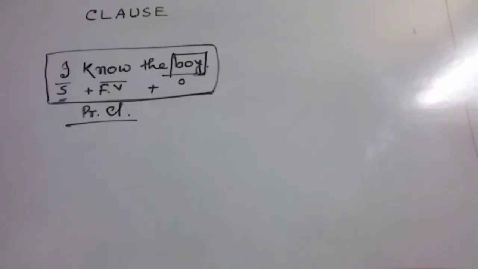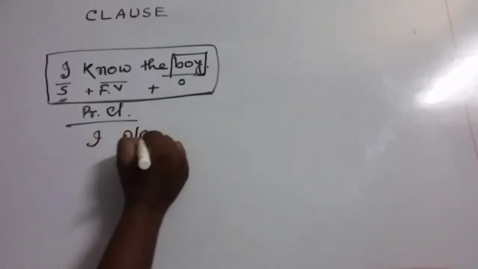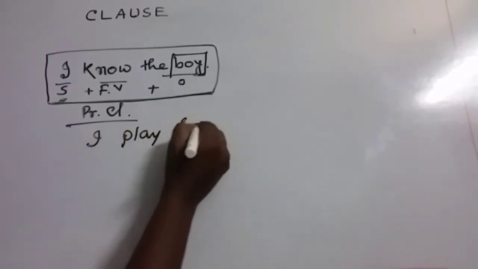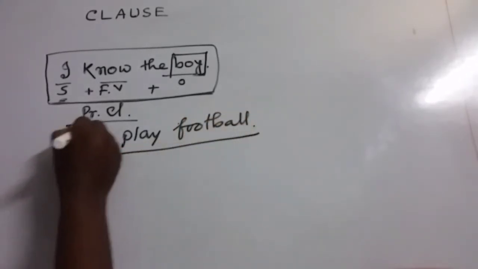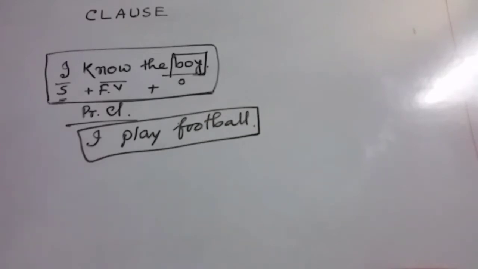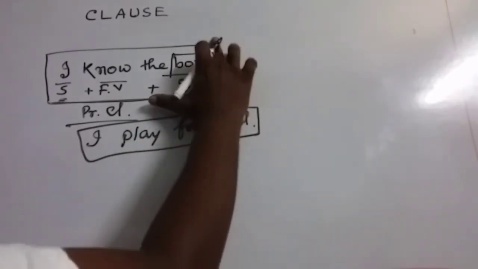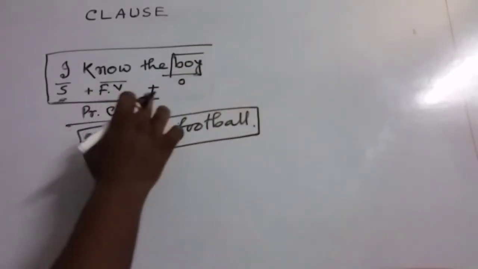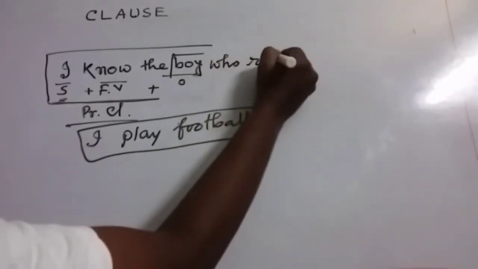Now a sentence must have a principal clause. Whenever we write down any kind of sentence, I play football, it is a sentence. It's a principal clause, because the principal clause conveys the complete sense. But think about this one. If we write down in this way, I know the boy who reads in class 4.